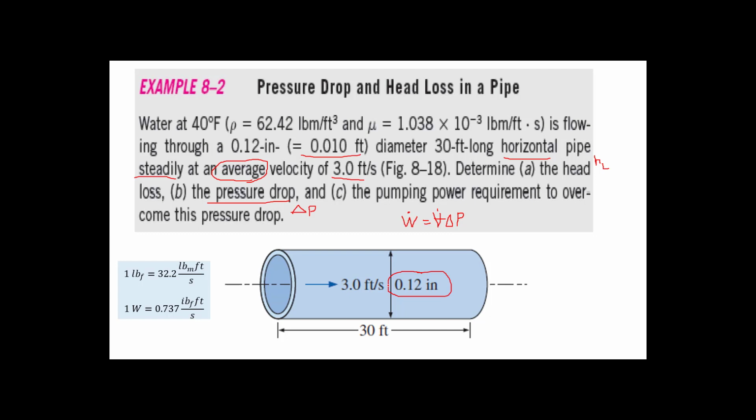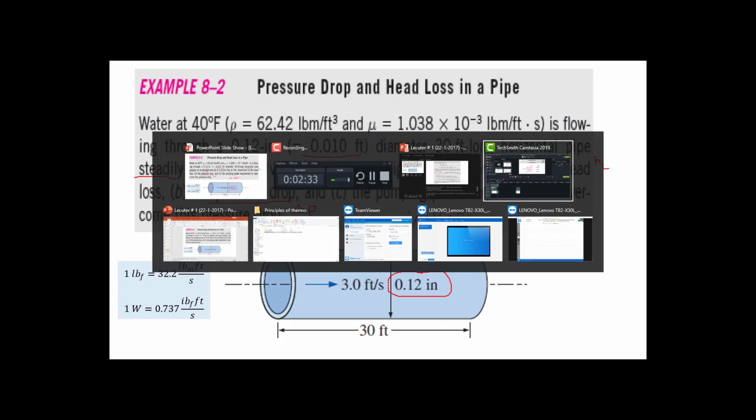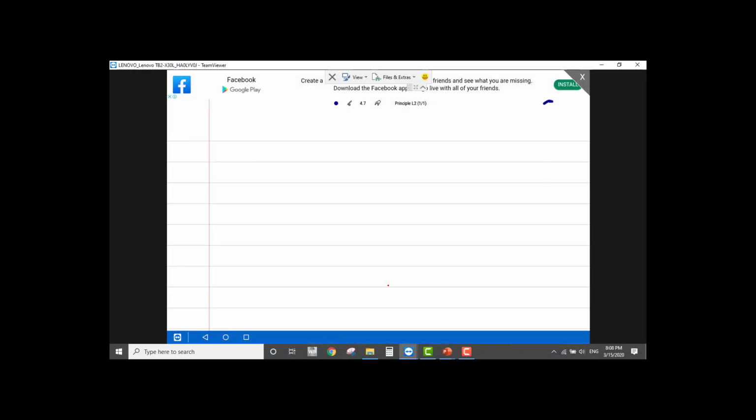Okay, now let's see how we can solve this question. So first of all, we have this pipe. This pipe has constant diameter, which is 0.12 inch or 0.01 foot, and its length is 30 foot.